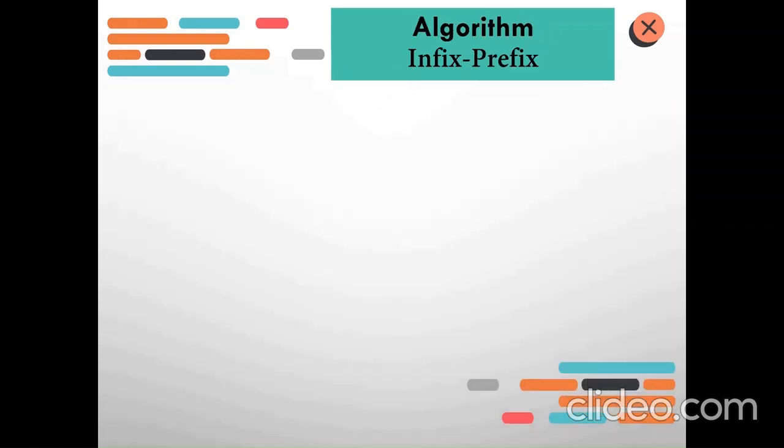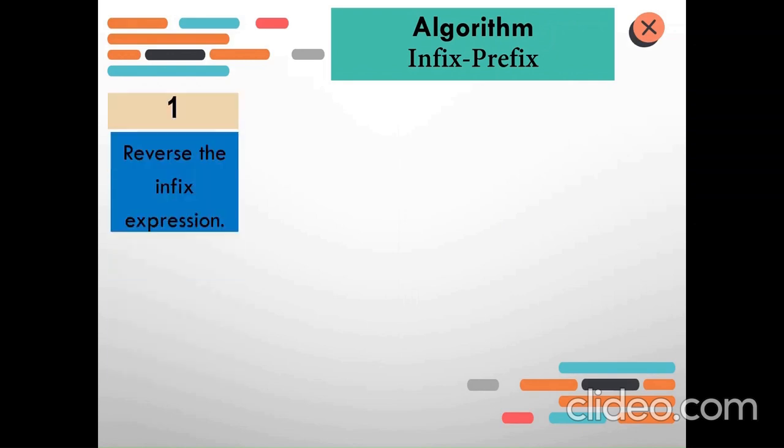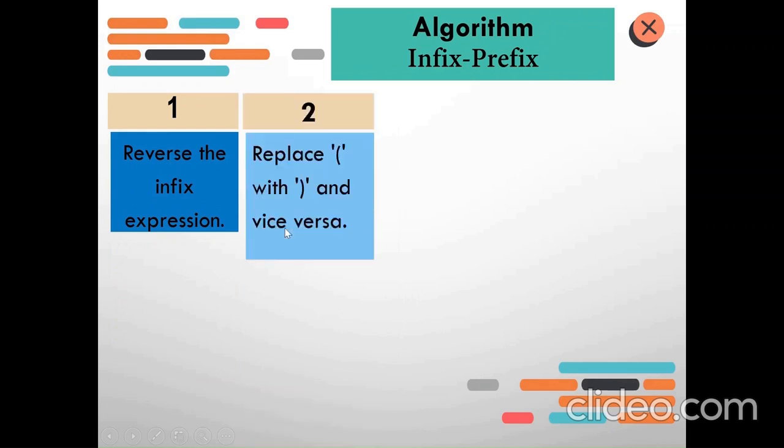So now on to the infix to prefix conversion algorithm. This is slightly simpler. When we have an infix expression, we reverse the infix expression first. As a second step, we replace opening brackets with closing brackets and closing brackets with opening brackets in that reversed infix expression.